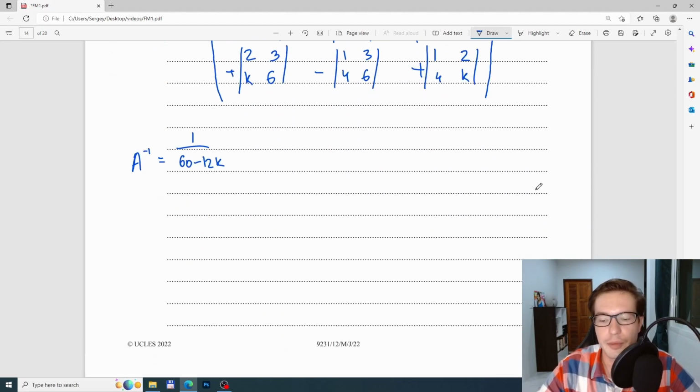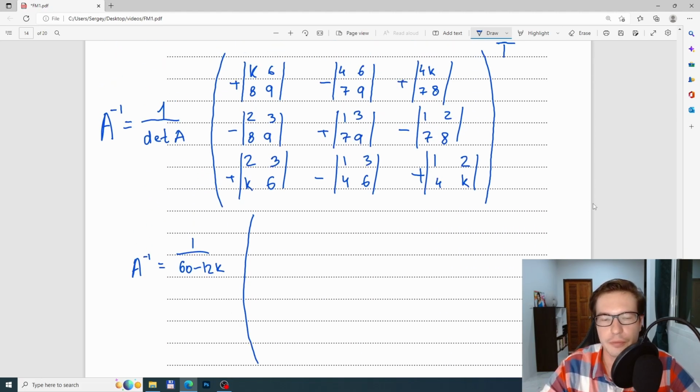Now, I'm going to transpose the matrix. Again, each row should become the column. So the first row now becomes the first column of the matrix. So it looks like k, 6, 8, 9, 4, 6, 7, 9.